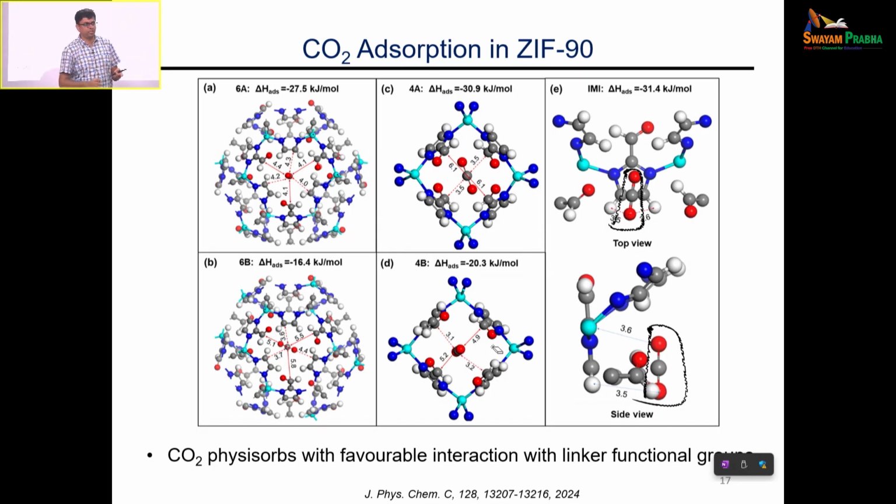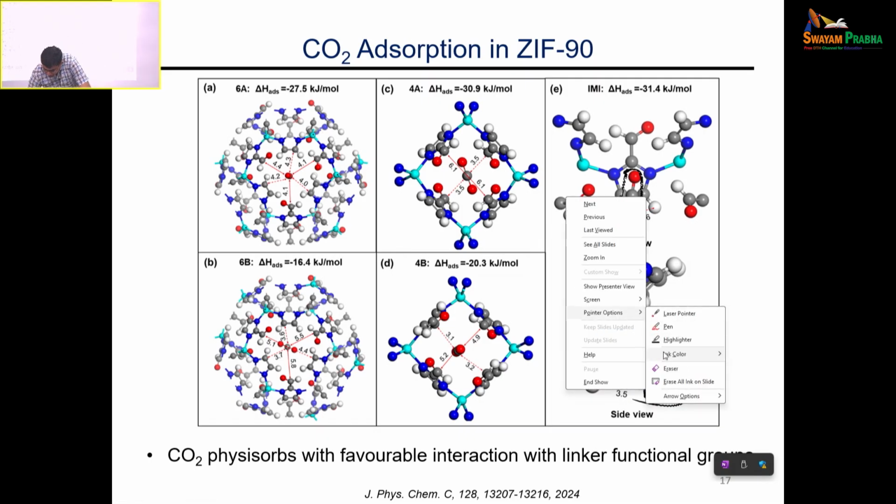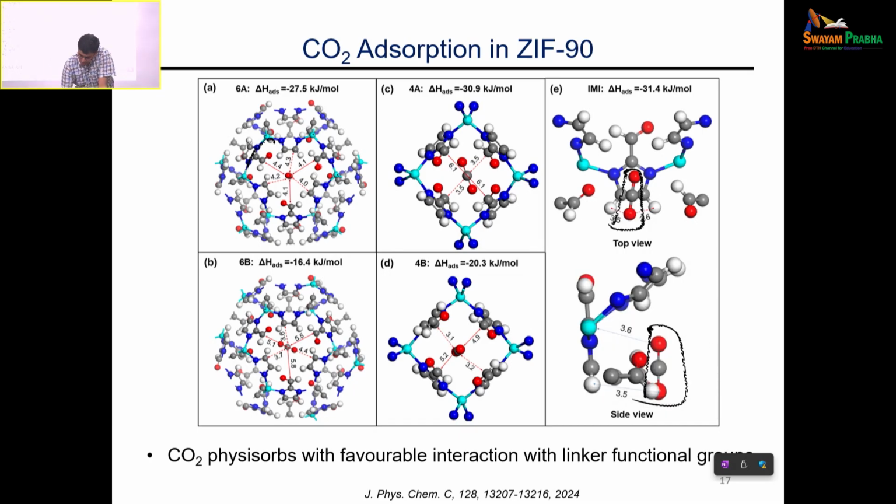So, the interaction here primarily is physisorption, but even within physisorption, what you see here is one view where there is a 6-membered cage of sorts, and this is a 4-membered cage of sorts, and both of them have both a going-into-the-cage kind of orientation and some sort of parallel orientation.